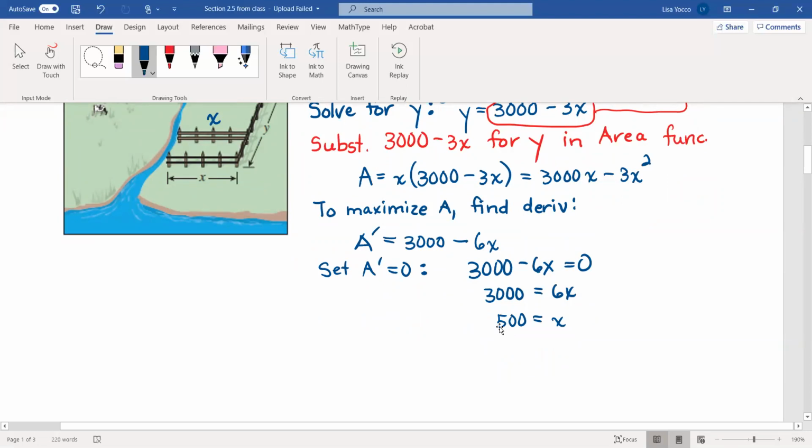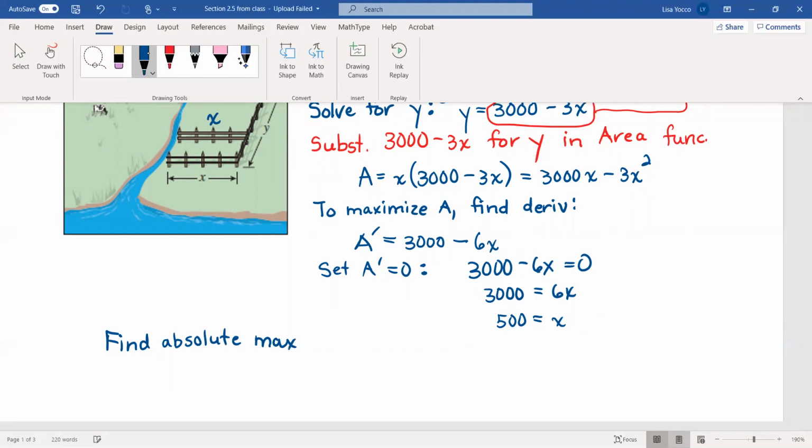There are actually two things going on here. So we want the absolute maximum on the interval from 0 to 3,000.